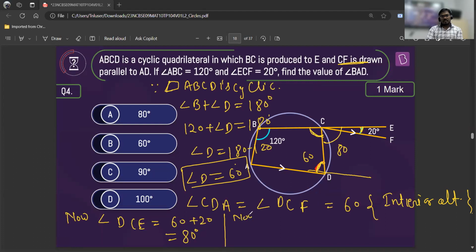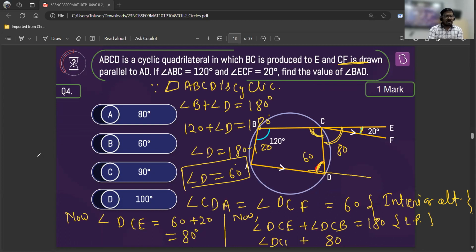Now angle DCE plus angle DCB is equal to 180 just because of the linear pair, this angle and this angle. So this is 180.